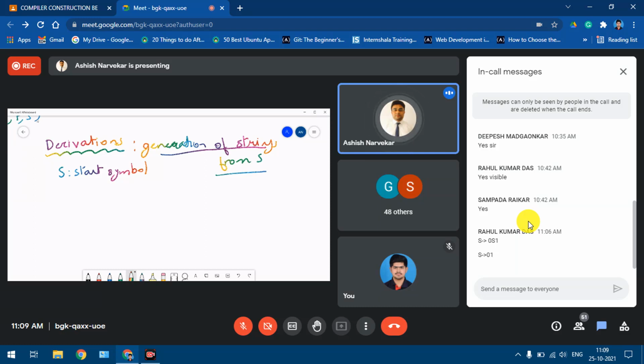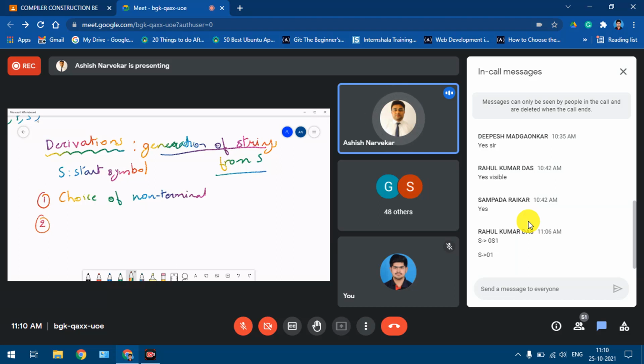Now, for constructing this derivation, there are 2 points that we need to consider. The first thing is the choice of non-terminal.